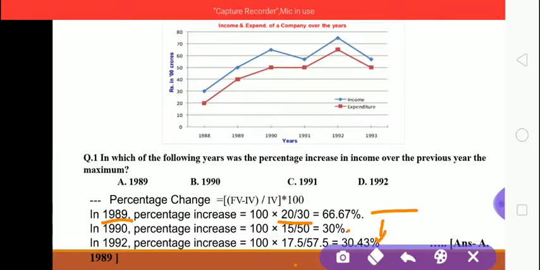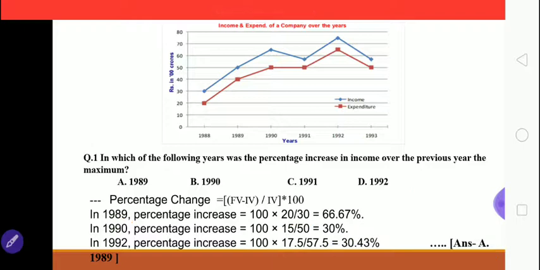Similarly, 17.5 divided by 57.5. Here also the numerator is relatively less than the first, and the denominator is larger. That's why this ratio will also be less. So by observation of these ratios also you can see that this percentage will be maximum. That's why 1989, option A, will be correct for this question.